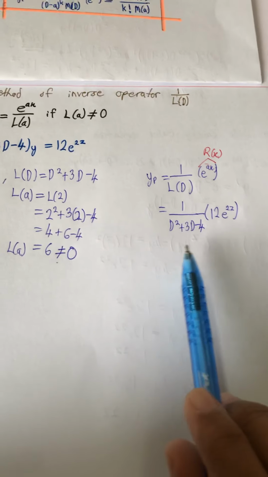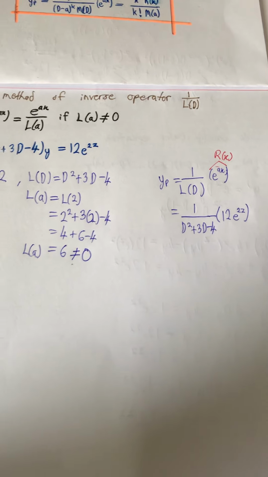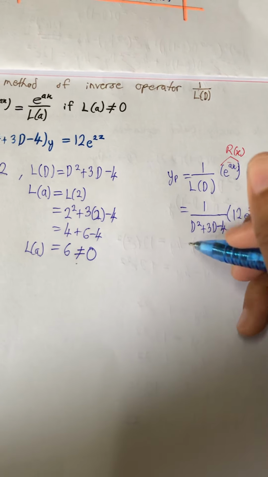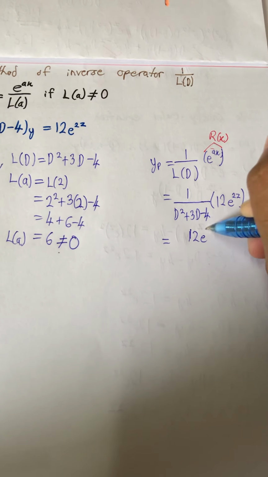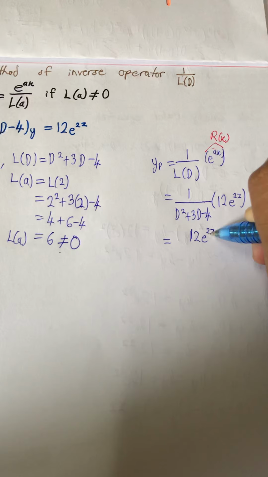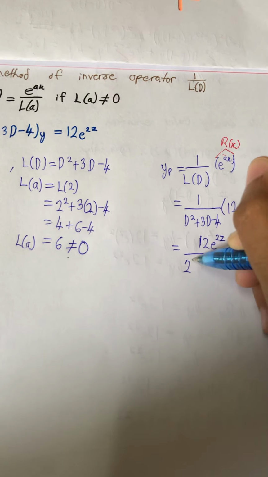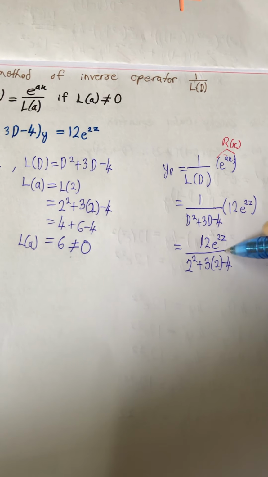So here we substitute L(D) with L(a). So we just substitute D with a, where our a is 2. So it will equal 12 e to the power of 2z over 2 squared plus 3 times 2 minus 4.